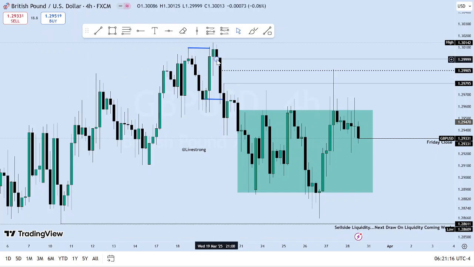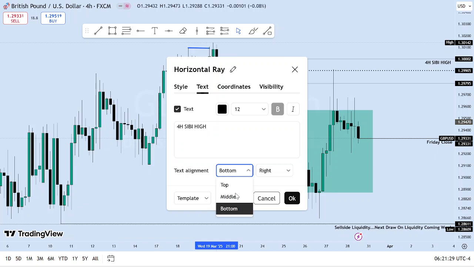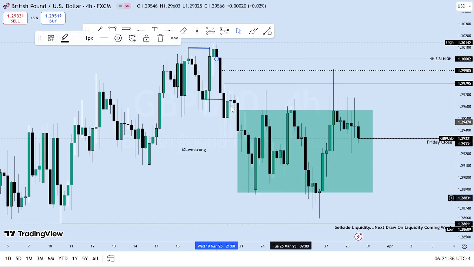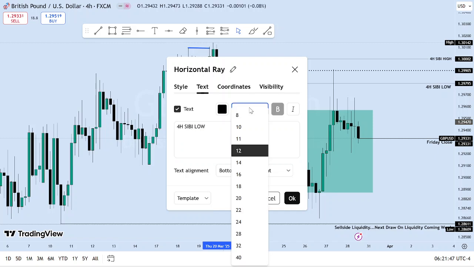So here is the high of the CB. That's the 4 hour high. And here is the low. That's the 4 hour CB.